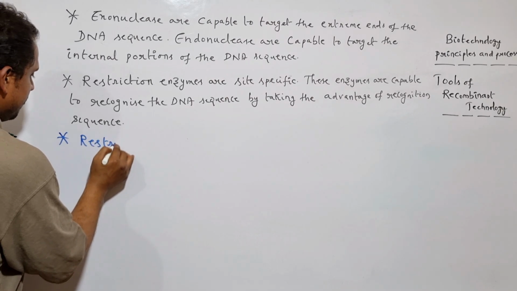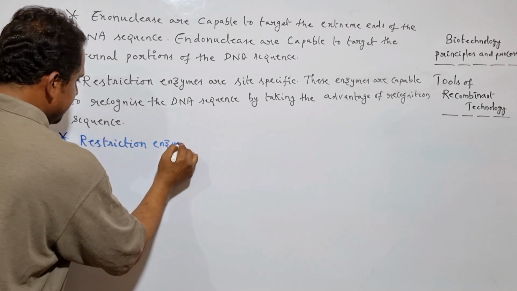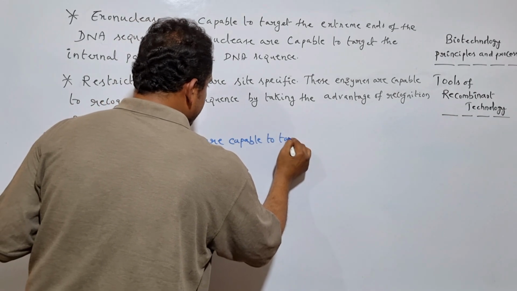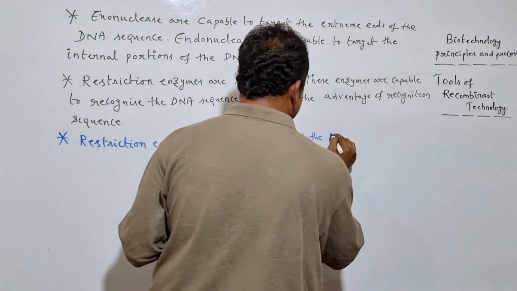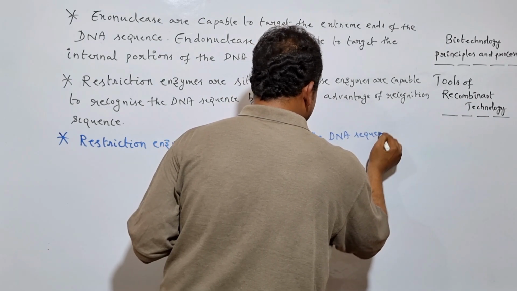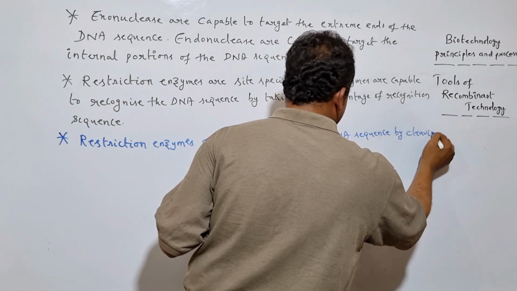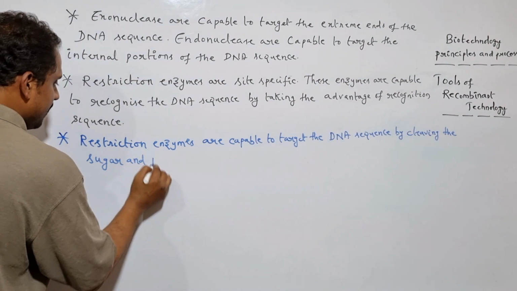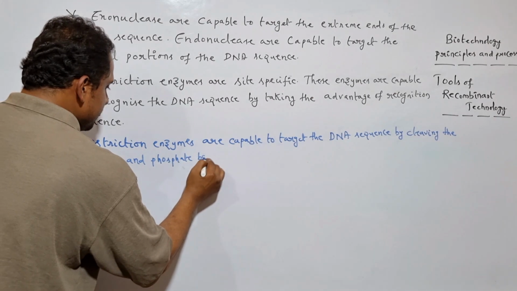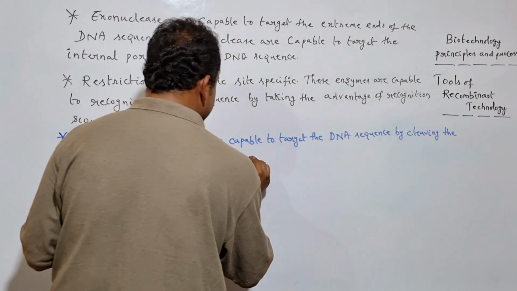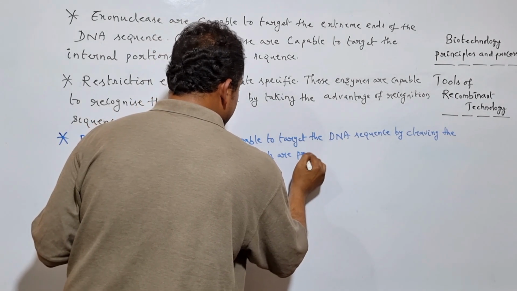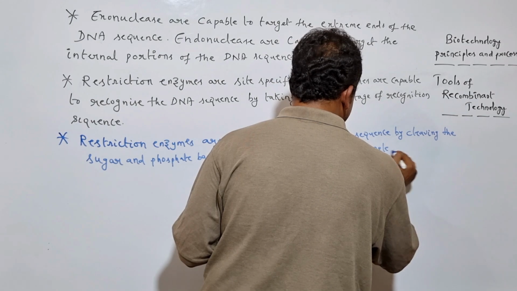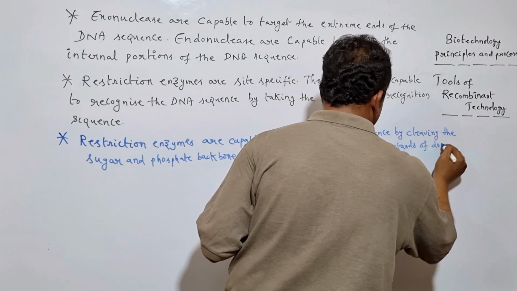Restriction enzymes are capable to target the DNA sequence by cleaving the sugar and the phosphate backbone which are present on both single strands of double-stranded DNA.